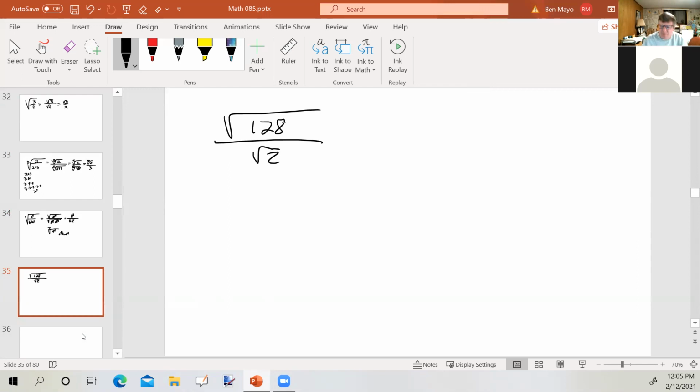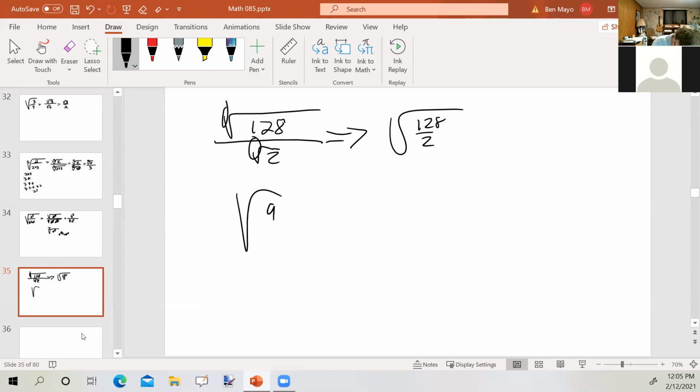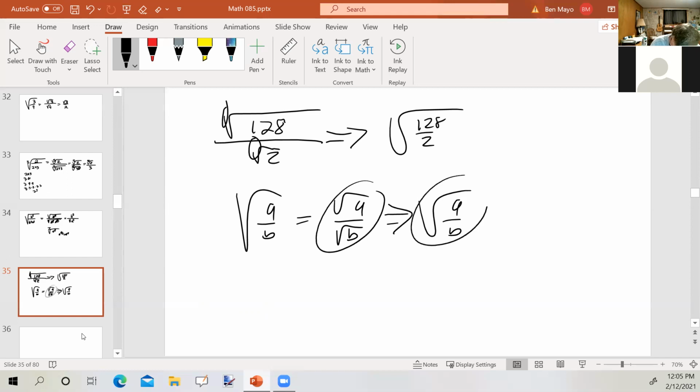All right. So now, instead of taking a fraction under a radical and splitting it up into two separate pieces, I can take this and make it into one fraction, since they have the same implied 2 as an index. We're going from here to here.